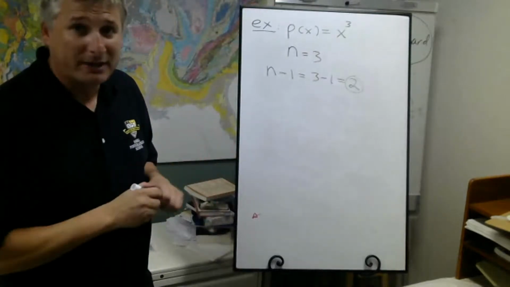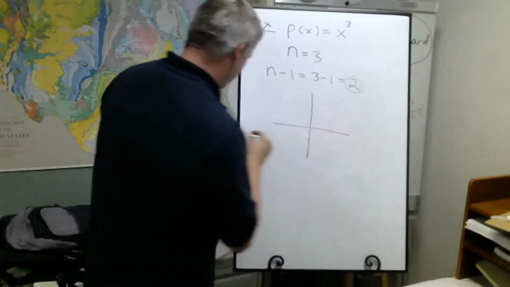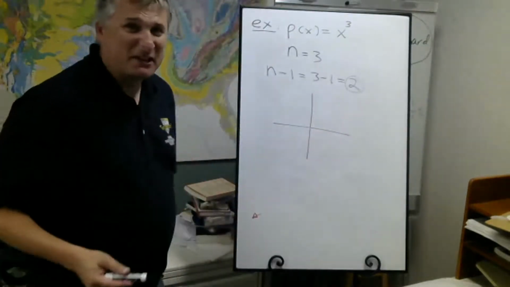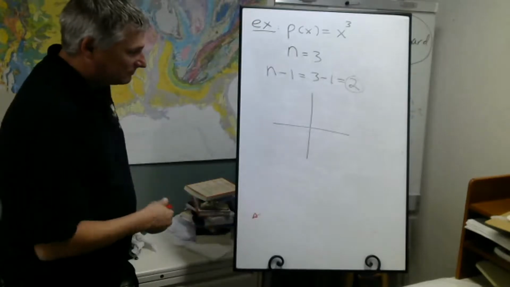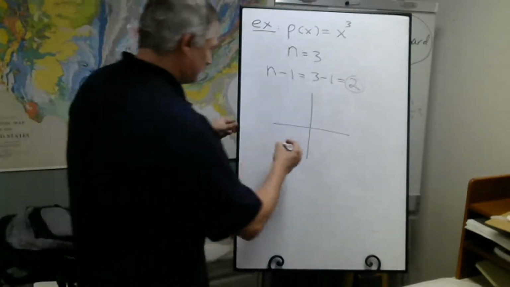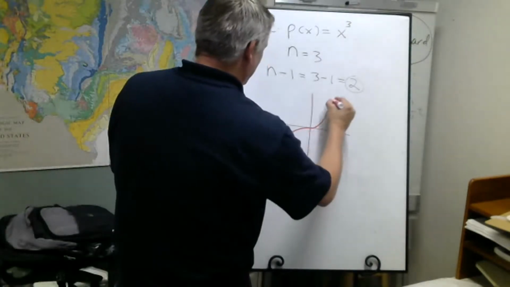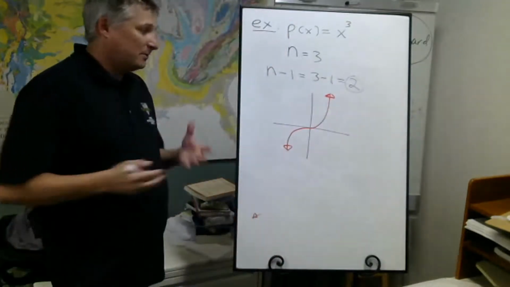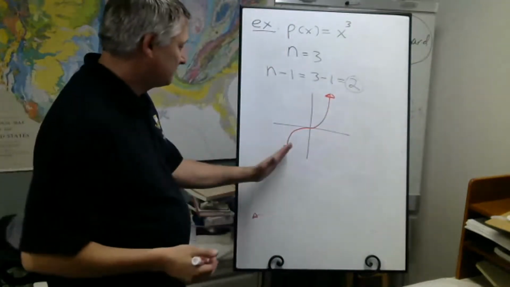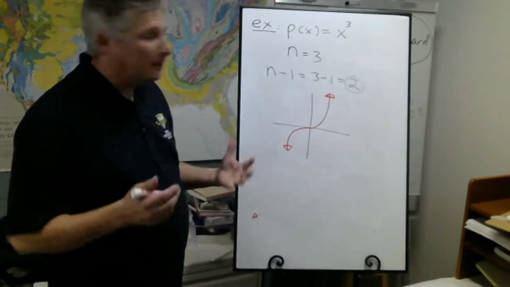So how many does it actually have? Well, a little disappointing. It doesn't have any. We get here, and then it levels out, and then just keeps going. So we don't get any turning points out of this one, just keeps going. So, well, there you go.